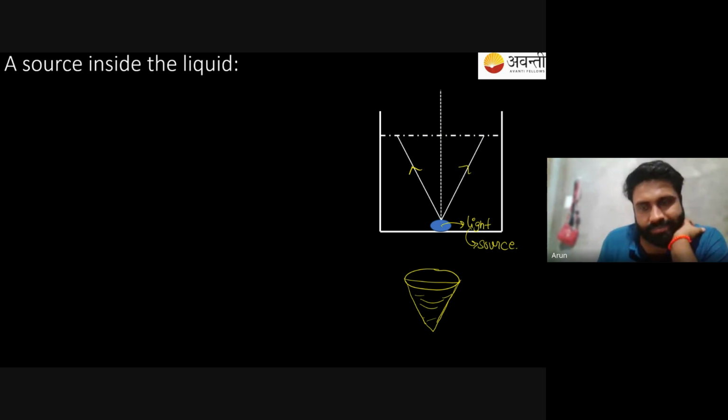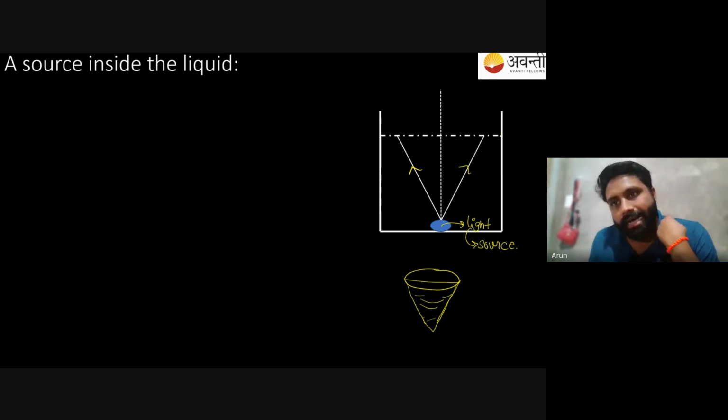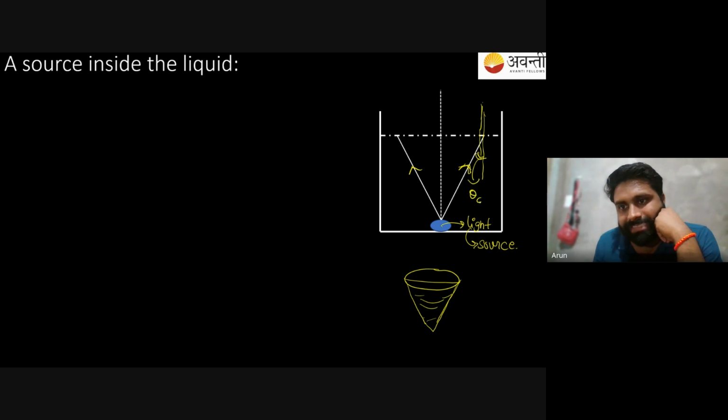What is the radius? From where onwards would we not see any kind of light? Okay, so how does this happen? If this ray, the end ray of this, I will consider that it falls on this interface at an angle equal to theta c.